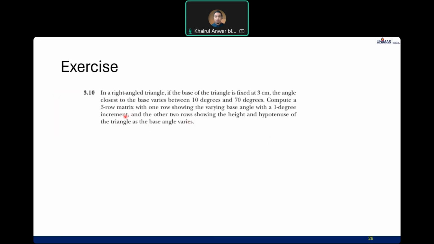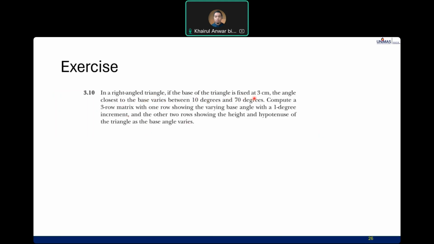So, an exercise. In a right angle triangle, if the base of the triangle is fixed at 3 cm, the angle closest to the base varies between 10 degrees and 70 degrees. Compute a 3-row matrix, with one row showing the varying base angle with 1 degree increment, and the other 2 rows showing the height and hypotenuse of the triangle as the base angle varies.